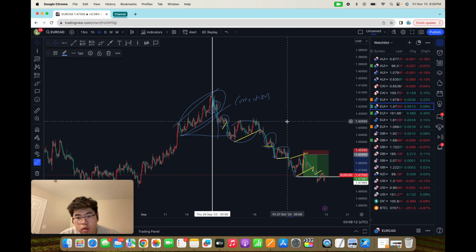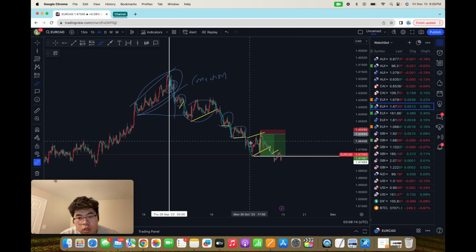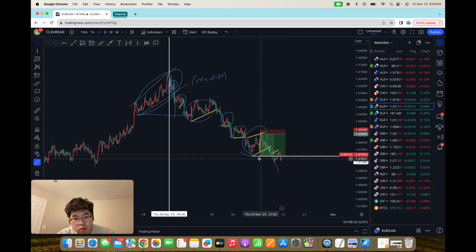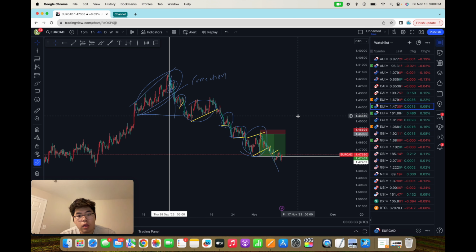And then the reason we got in this is because we saw a perfect setup for a sell, right? And that's how we got 152 pips. And right when it hit the TP area, we got right out. We take our profit, we get the hell out, and start over.